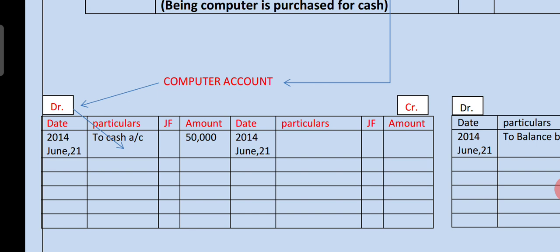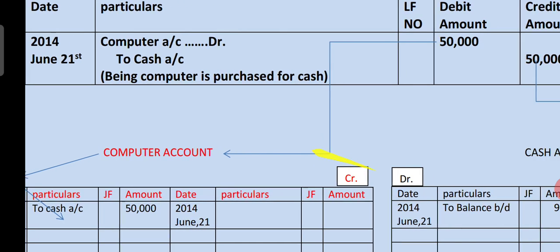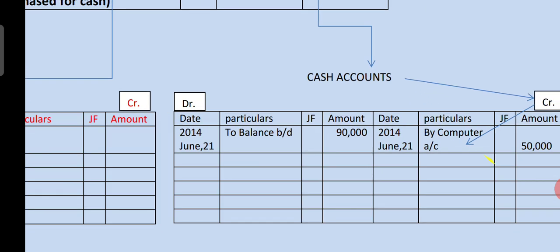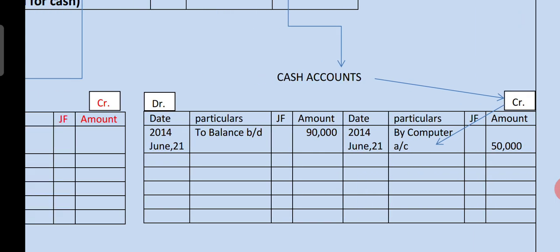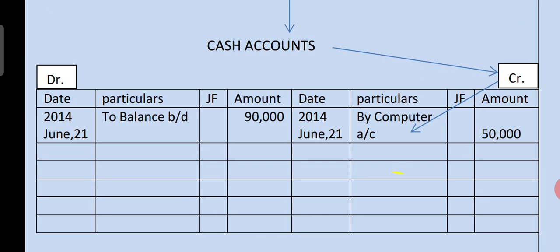And another account, that is cash account. Here we prepare one more account, that is cash account. In the cash account also we will have debit side as well as credit side, debit side 4 columns and credit side 4 columns.